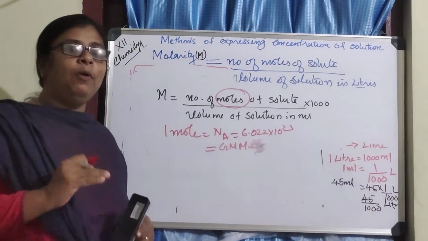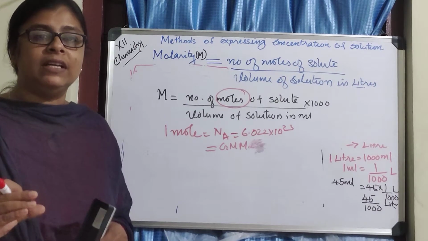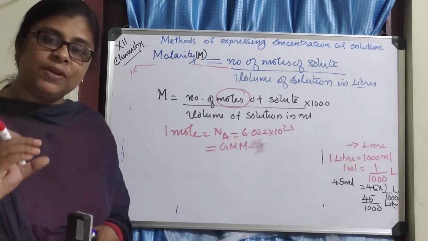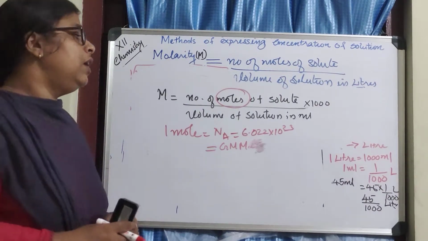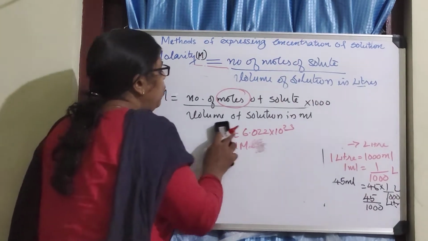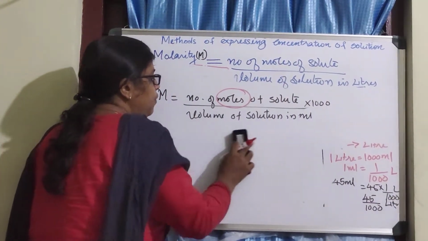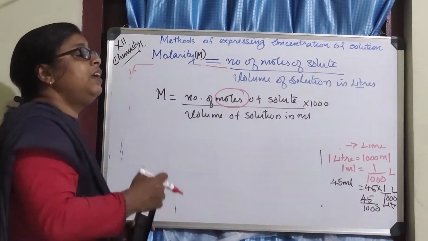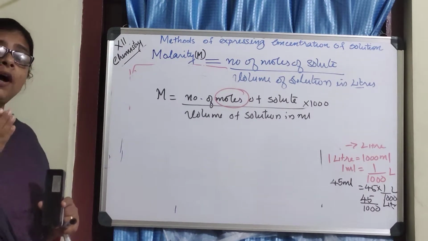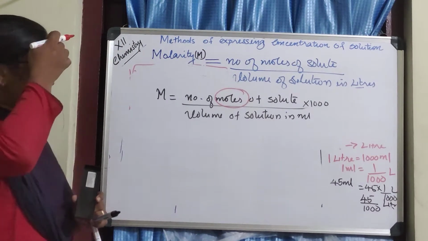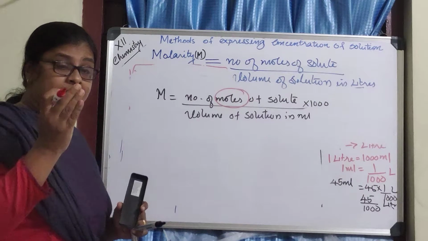And what is gram molecular mass? It is the molecular mass expressed in gram. And we know the equation to convert the given mass into moles. We can convert it, isn't it?